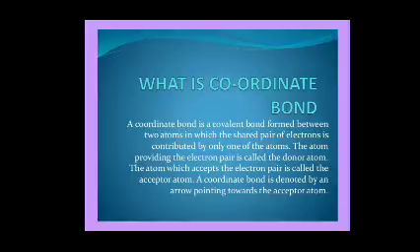A coordinate covalent bond is a covalent bond formed between two atoms in which the shared pair of electrons is contributed by only one of the atoms.